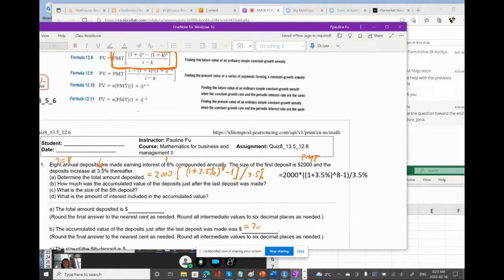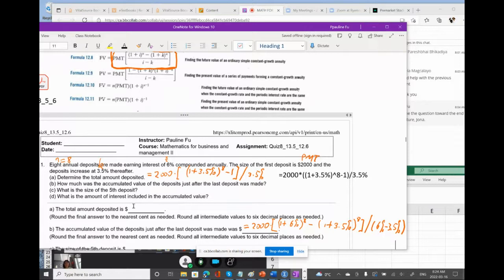Question B, PMT 2000 times bracket 1 plus I, I is 6%, 1 plus I raised to power n, n is 8, minus 1 plus k, k is 3.5%, raised to power n, n is 8, and the result of this number divided by bracket I minus k, so k is 3.5%, I is 6%, 6% minus 3.5%.